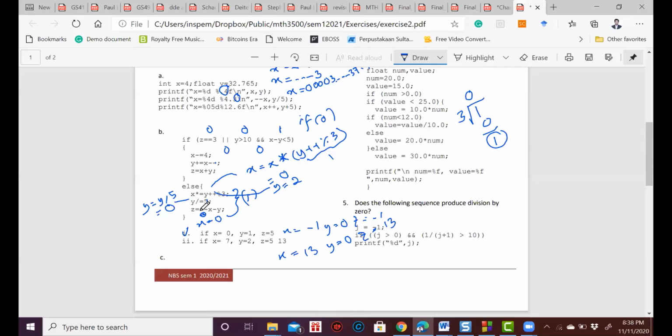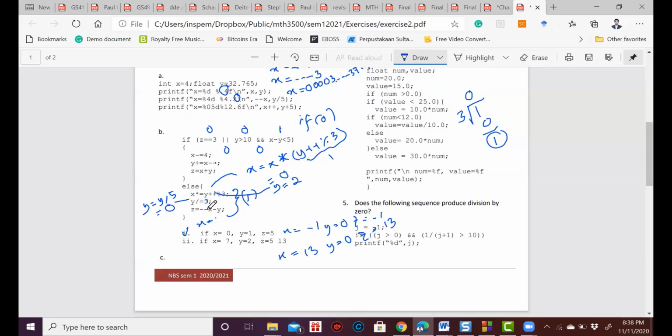Okay, so minus minus x. I think there is a mistake here. This one is wrong. Okay, class, the current x is x equal to 0 here.